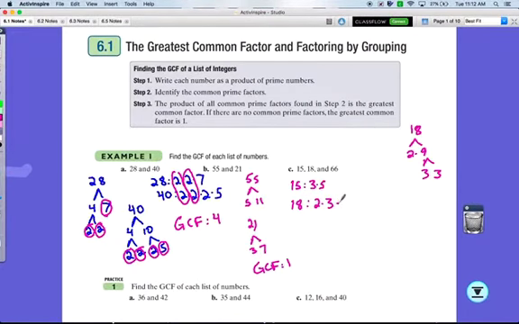So we can see that my greatest common factor is going to be 3, unless 66 doesn't have 3 in it. 66 breaks down into 2 times 33, and then 3 times 11. So 2 times 3 times 11. In that group, the only thing they all share is one of those 3's. So my GCF here is 3.